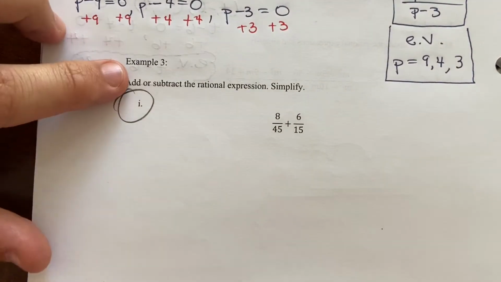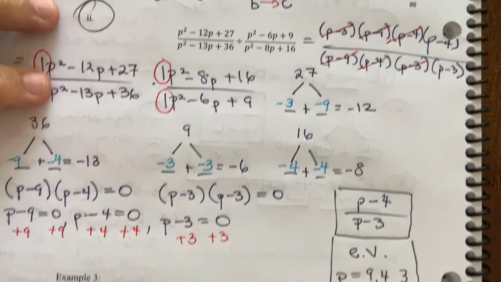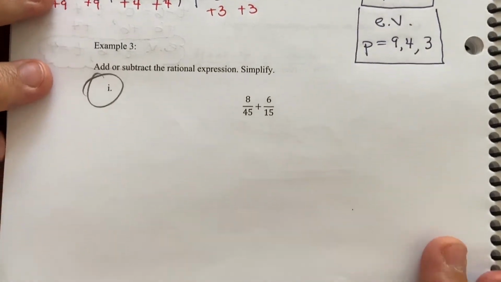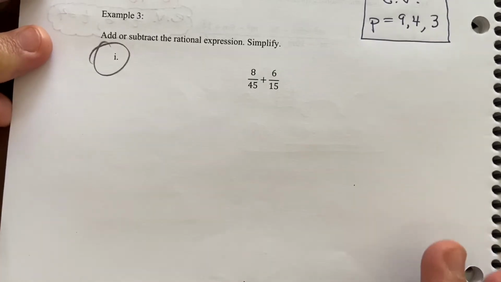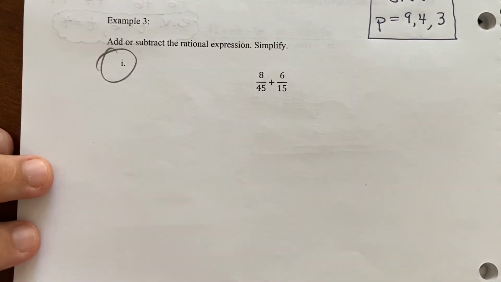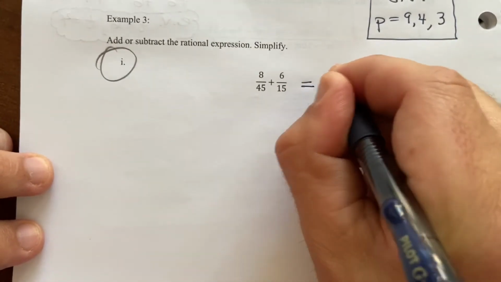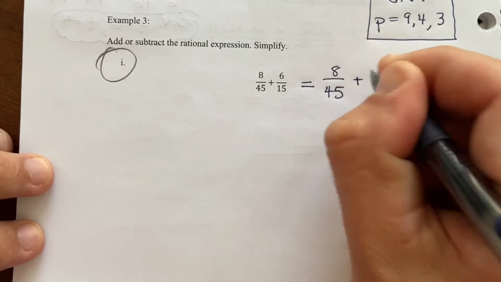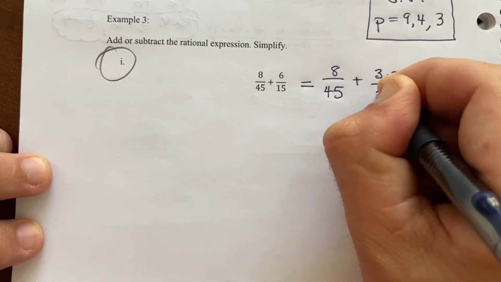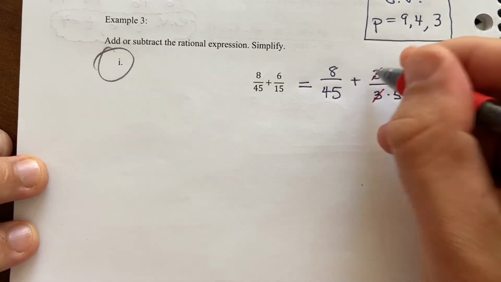So on to add or subtract. So we've kind of seen only multiply and divide so far. So what about adding? So to add or subtract fractions, you need the same exact denominator. Okay, so what I'll start with here is actually simplifying first. So this would be the same as 8/45 plus 3 times 2 over 3 times 5. So actually these 3s are extra, even out of the gate.